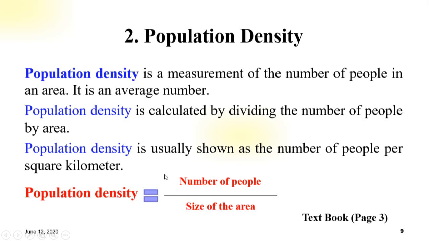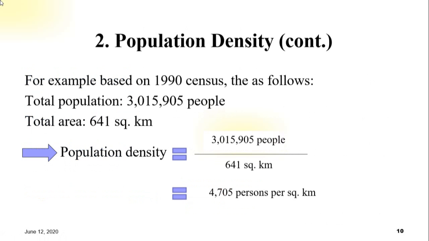This is the formula of population density: equal to number of people divided by size of the area. But for this point, I would like all of you to read the book on page 3 to clarify what population density is.